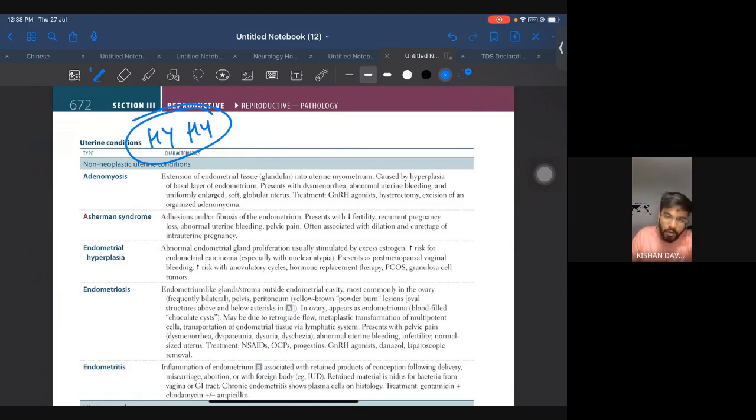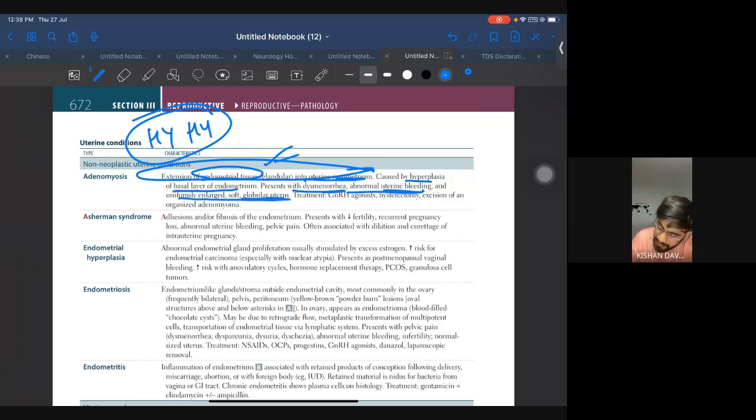Adenomyosis, a non-neoplastic uterine condition, extension of endometrial tissue into uterine myometrium. Okay, there will be a problem in the myometrium when the endometrium shifts into it. So this line is very important. Caused by hyperplasia of the basal layer of endometrium, presents with dysmenorrhea, abnormal uterine bleeding, uniformly enlarged soft globular uterus.